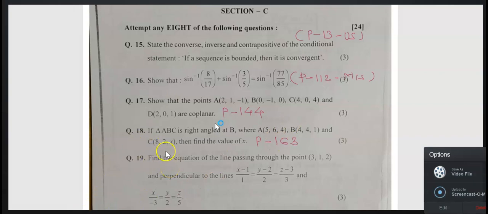Now the next question is: if the triangle ABC is right angled at B, where A is (5, 6, 4), B is (4, 4, 1), and C is (8, 2, X), then find the value of X. Now, see this here.